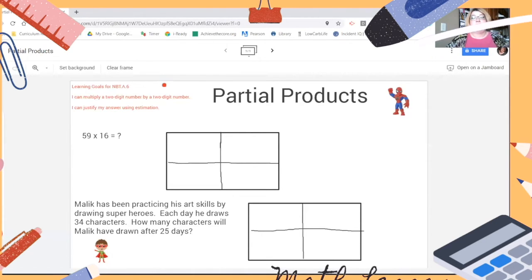I look at the number 59, and I know that it is in between 50 and 60. So I have to ask myself, is it closer to 50 or is it closer to 60? Yes, since it's at 59, it is almost 60. So we are going to go ahead and mark our answer as 60. It is about 60.